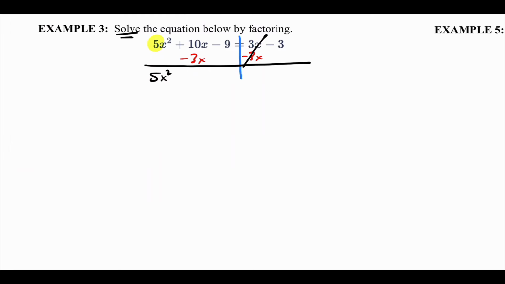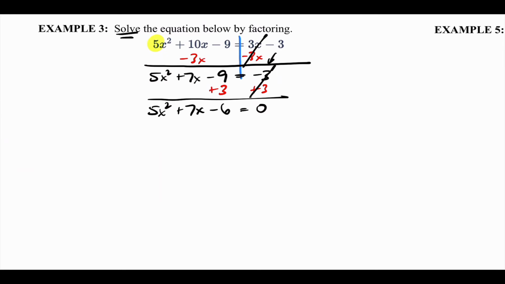So I get 5x squared plus 7x minus 9. And then I would add 3 to both sides. Okay? Step 1 done. Set it equal to 0.